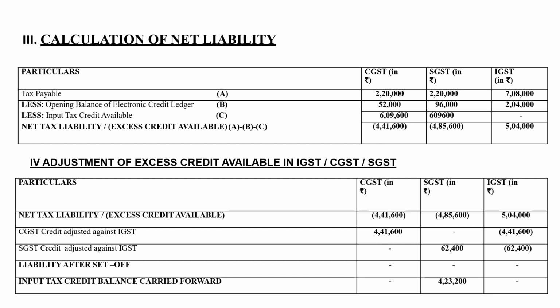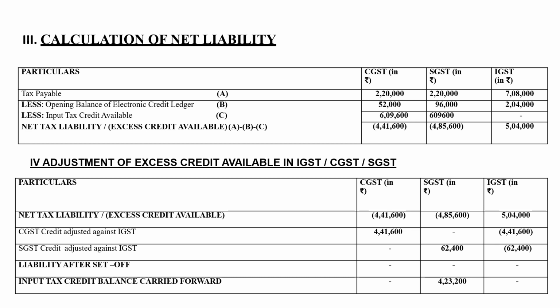Next we have to do the adjustment of excess credit available in IGST, CGST and SGST. We have the excess credit in CGST and SGST and we have to pay the tax in integrated GST. This 5,04,000 we can adjust with the CGST and SGST. First we'll take CGST credit adjusted against IGST, so whatever credit we have here, we'll put it in the IGST column.